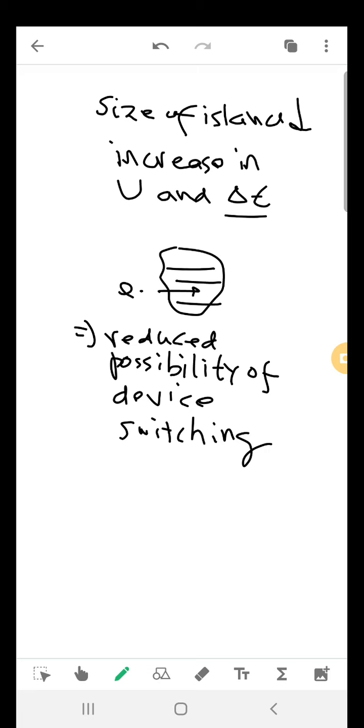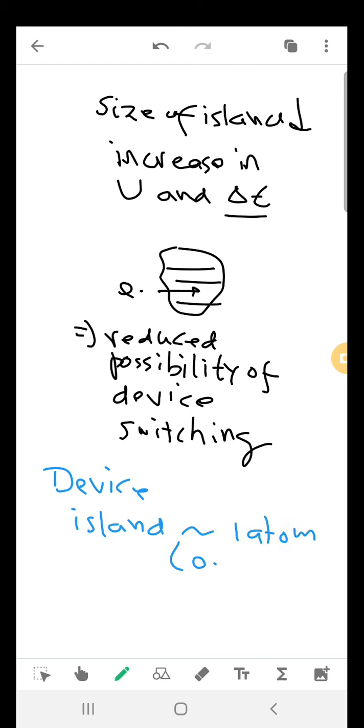Now, a device, on the other hand, based on an island the size of a single atom, that is approximately 0.1 nanometer, would operate at 100 times room temperature.